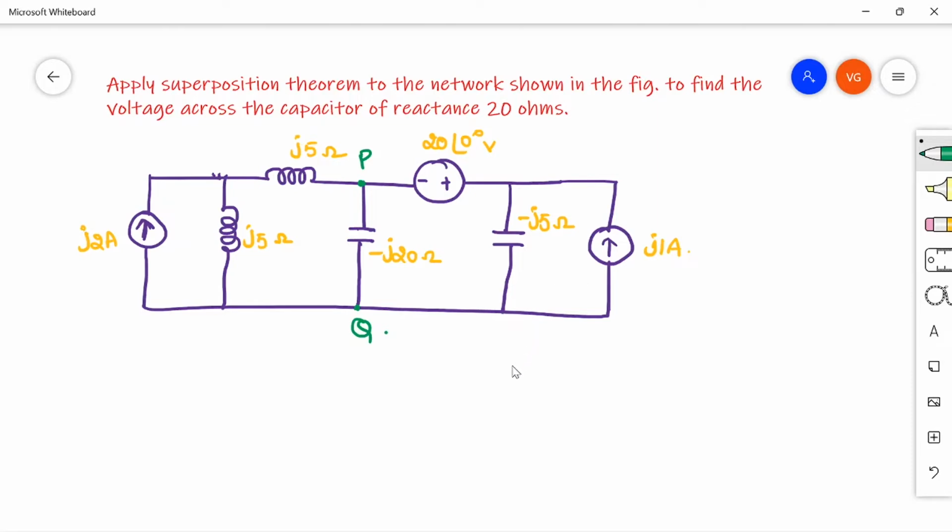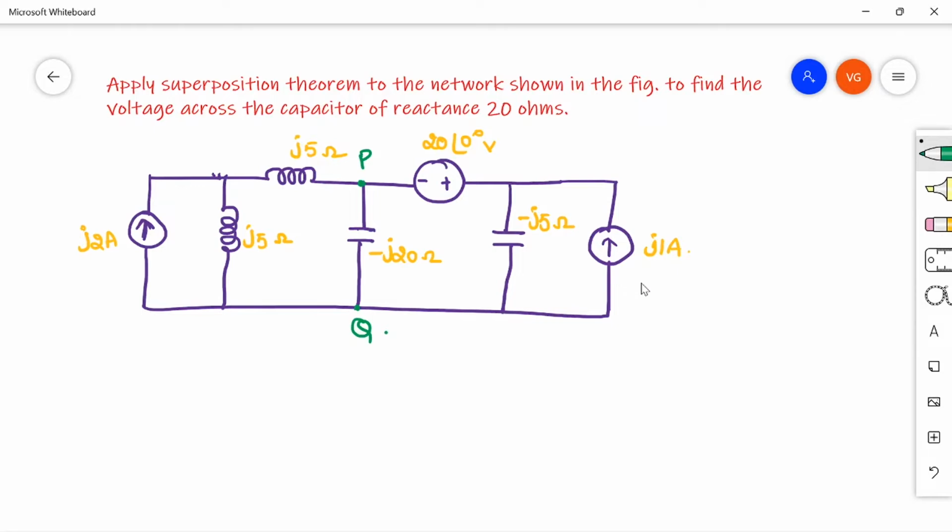So according to superposition theorem, if you are considering one source, the other two sources have to be replaced by their internal impedances. So now first, step 1, I'll consider this j2 ampere source. So I have to replace the 20 volt source by short circuit and the j1 ampere current source with open circuit.